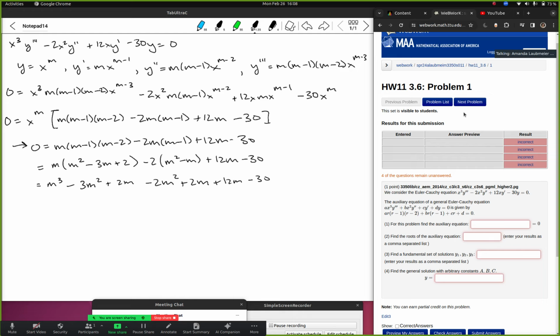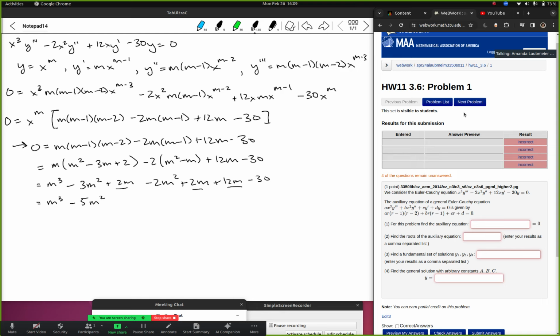Okay, and then I want to combine like terms. I'm going to have to solve this eventually, so I want it to be as simple as possible. I've got m cubed, and then my m squared terms are there, so I'm going to get minus 3 minus 2, which is minus 5 m squared. And then for just my regular m terms, I've got this, this, and this.